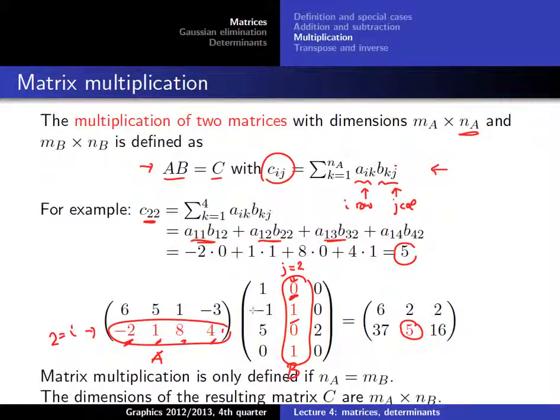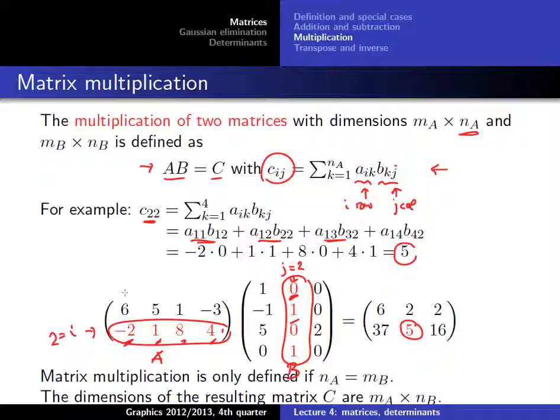Here I only have 2 rows and here I have 4 rows, but the number of columns in the first and the number of rows in the second match, which has to be, because otherwise I would have a situation where there is no pair, where I do not have a corresponding A and B value to multiply with each other, so this formula wouldn't work.